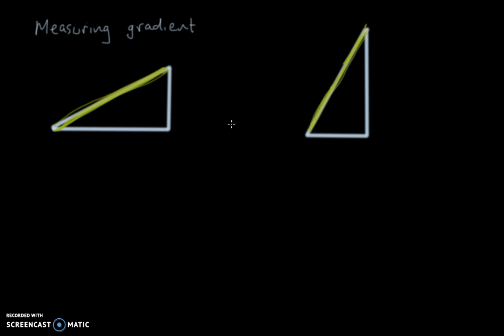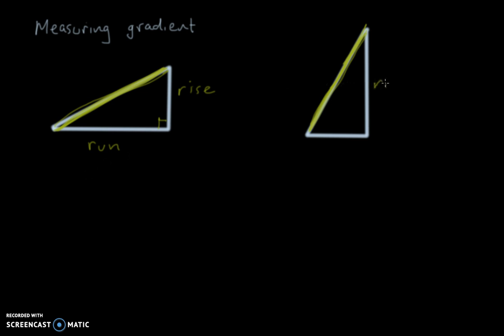Now the way you do it is you look at the two shorter sides. You look at the vertical side, and you call this side rise. You look at the horizontal side. This is a right angle triangle. So this is the horizontal side. We call this side run.